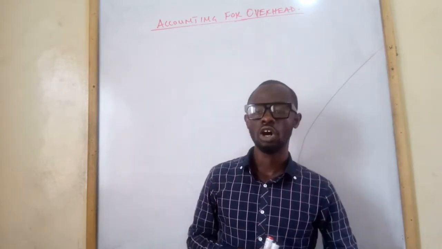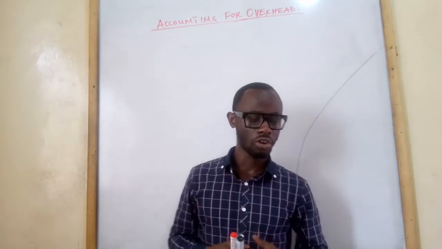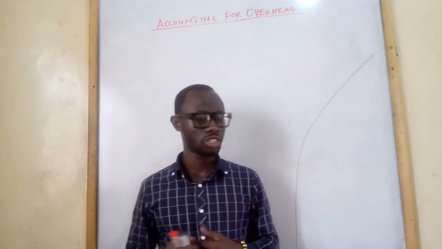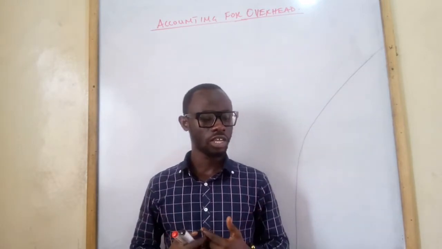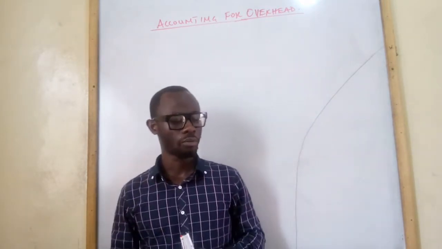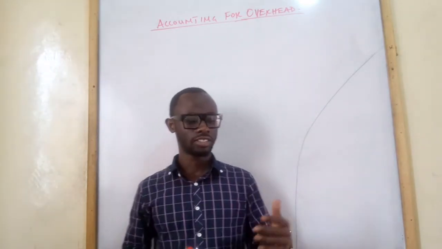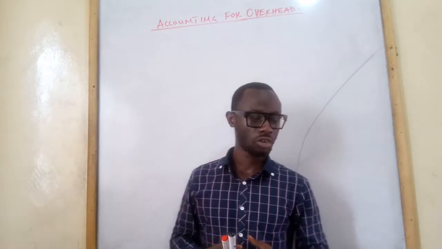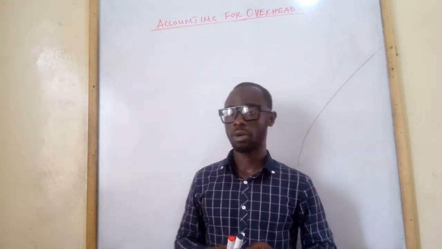Then if you want to apportion building depreciation, insurance, rent and rates, electricity cost, or cleaning cost also, we can use what we call the floor area occupied. Then if we want to apportion costs such as canteen cost, personnel administration and welfare or supervision cost, we can apportion that using the number of employees.